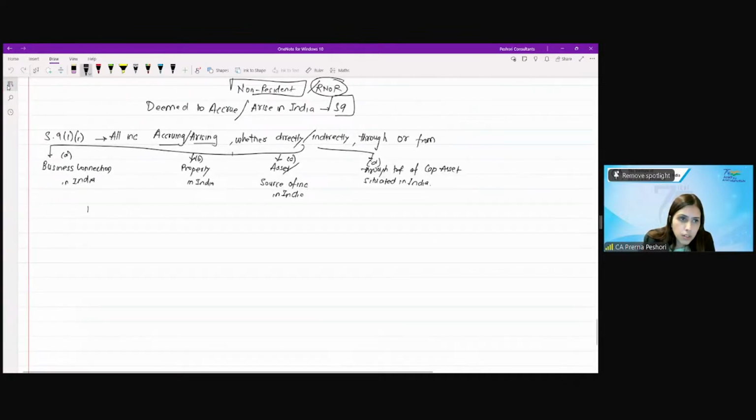So, doing business with India versus doing business in India. Can you identify the difference between the two terms, with and in?